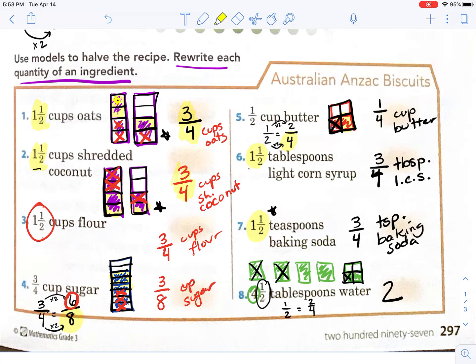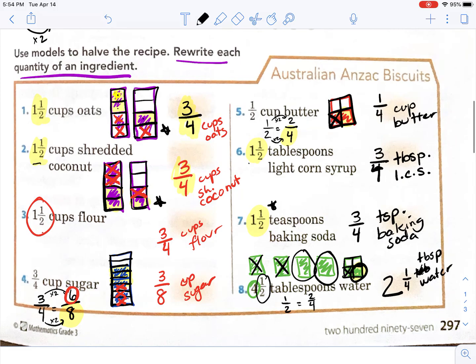What do I have left? There it is. 1/4. So I have 2 wholes left. 1, 2, and 1/4. Do you see it? And it's tablespoons, TBSP of water.